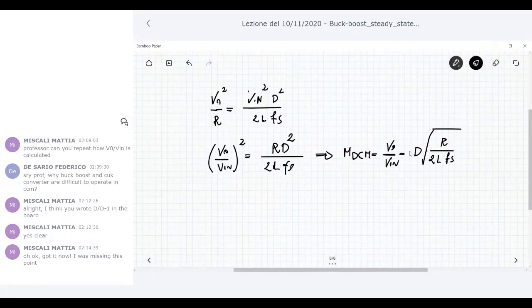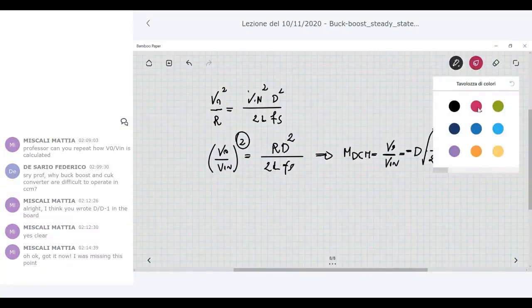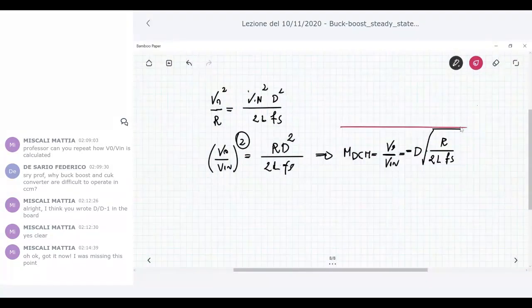It's not finished here because M is negative, as I said before, so when you take the square root of this expression, we have to take into account the negative sign. So this is the conversion ratio that you can have in DCM. Some comments about this expression.